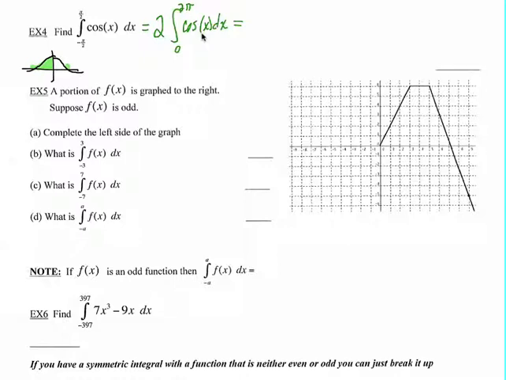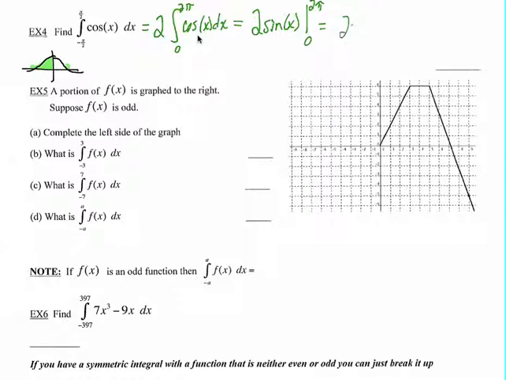Now we'll just take the antiderivative of the cosine, which is the sine of x. We're going to have two of those, and we are doing this from 0 to pi over 2, and then we just simply plug in.